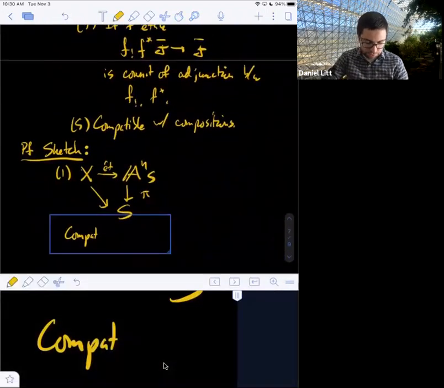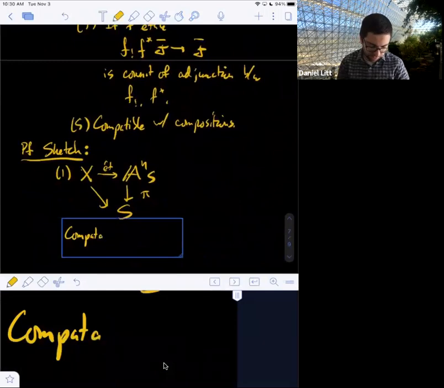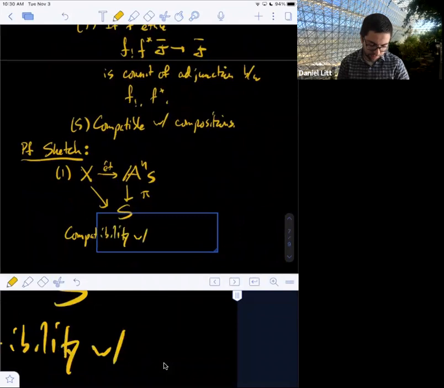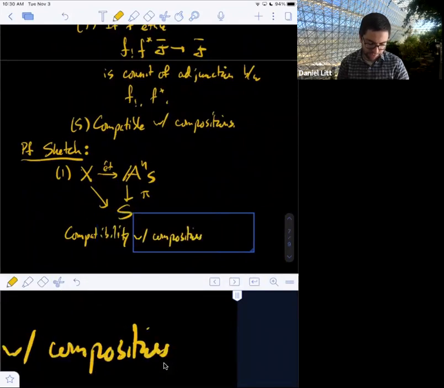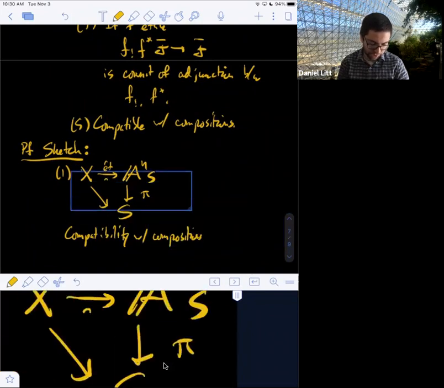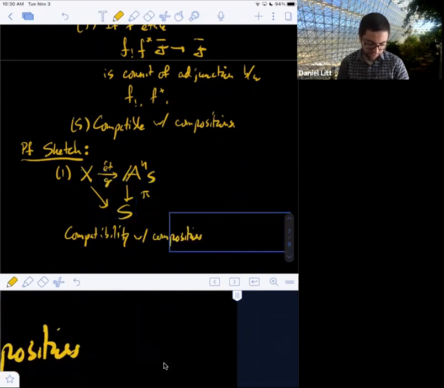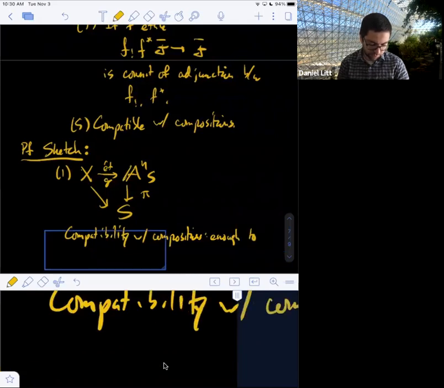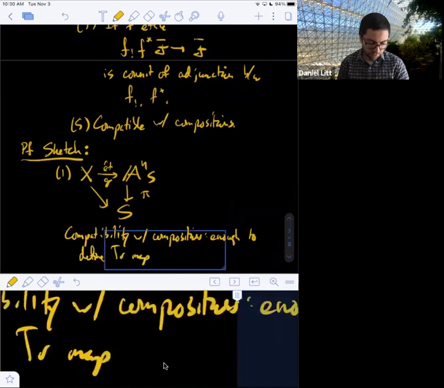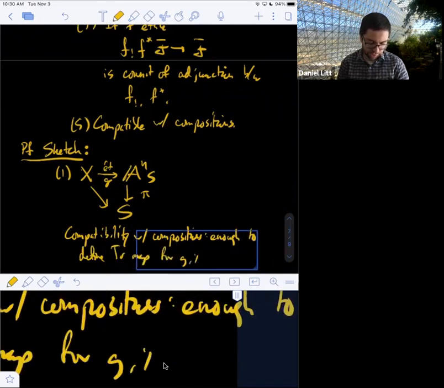Great. So here compatibility with compositions tells us it's enough to do, so let me call this map G, it's enough to define the trace map for G and pi.